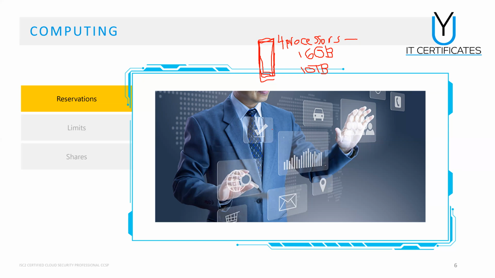But if I'm not able to provide it because the shared resources pool cannot support the customer's requirements, and we are out of resources because of dynamic traffic increase, then we guarantee as a cloud service provider that we will provide you 2 processors, 8 GB RAM and maybe 5 terabyte, whatever the conditions. This will be the minimum guaranteed configuration provided for you. This is what we call reservations.